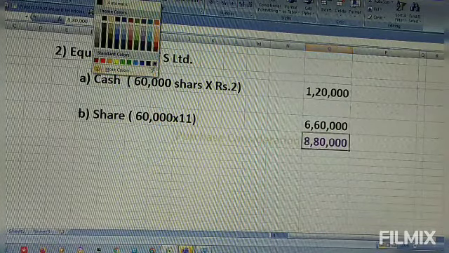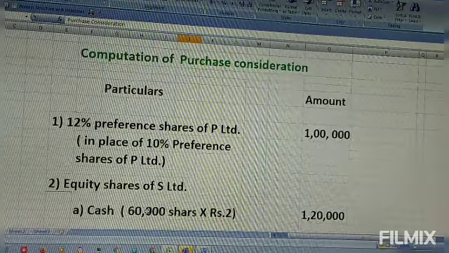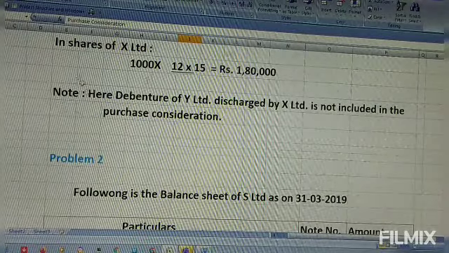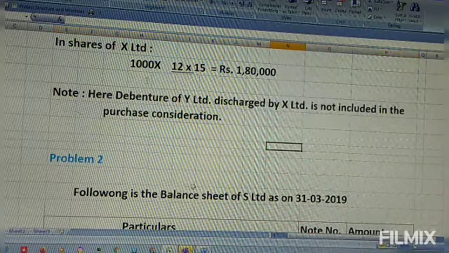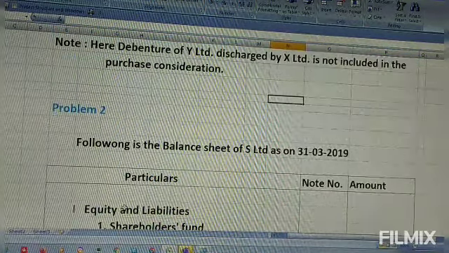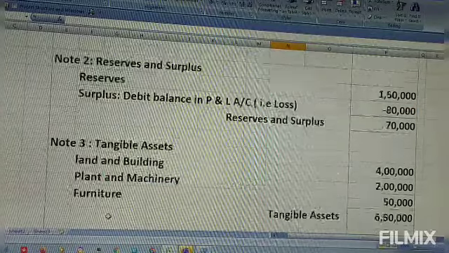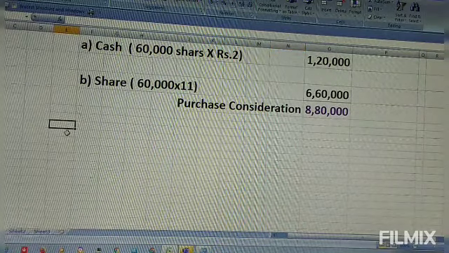So this is how we have to calculate the purchase consideration. I hope you understood. You can watch several times. Here you can write the note: debentures of S Limited discharged by exchange by P Limited.